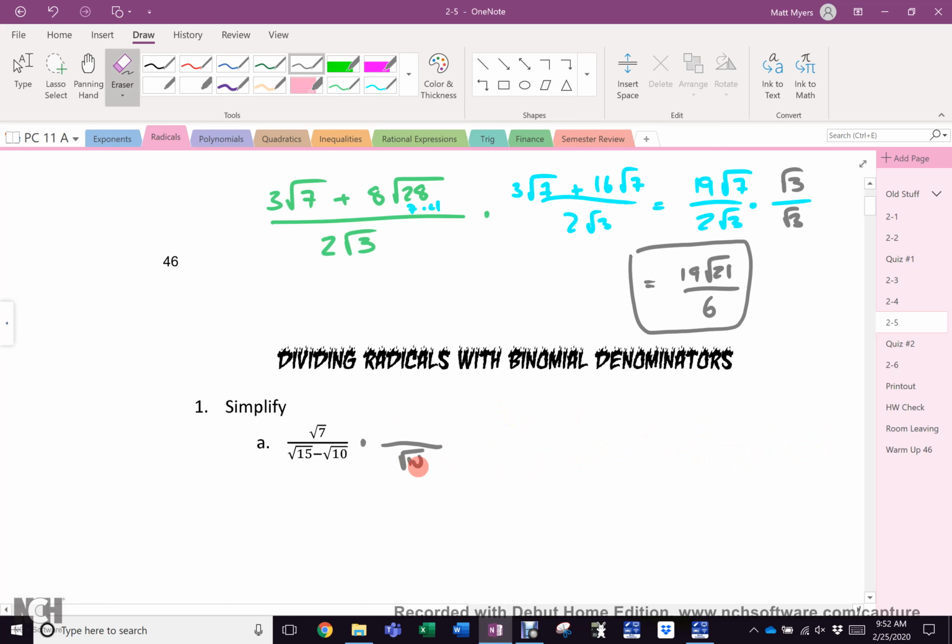Okay, so Prab says root 15 minus root 10. Root 15 minus root 10. Okay, that kind of follows what we've been doing, yes? Right? Sebastian? Well, if I multiply by root 2, I'm going to get root 30 minus root 20. I'm still going to have roots.